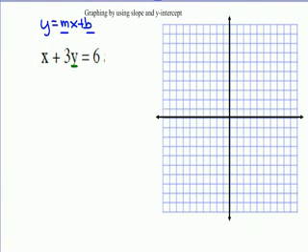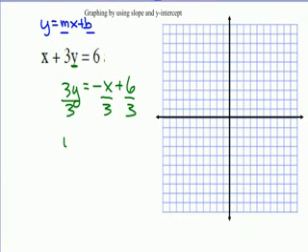Let's flip the x to the other side by subtracting it over. And we just want 1y, so let's divide everything by 3. So we end up with y equals -1/3 x, and this comes out to a nice +2.